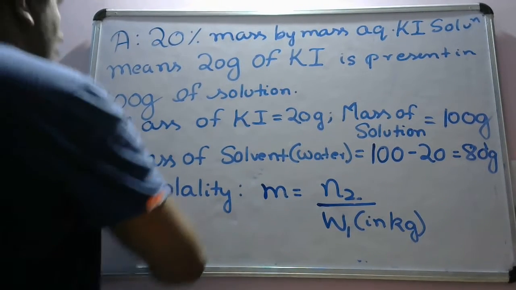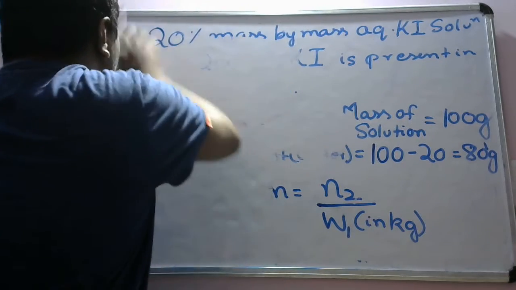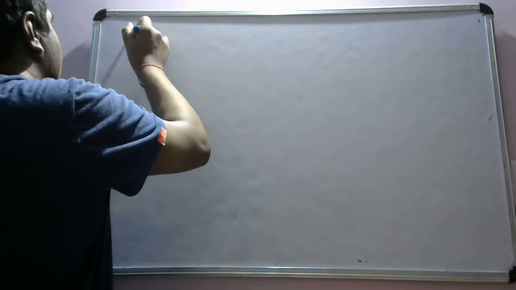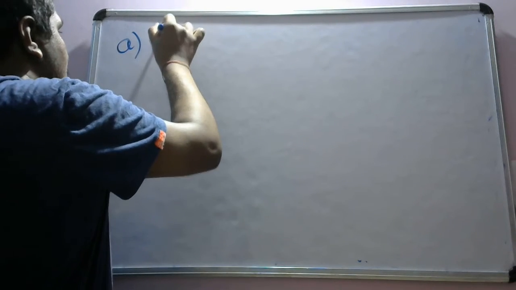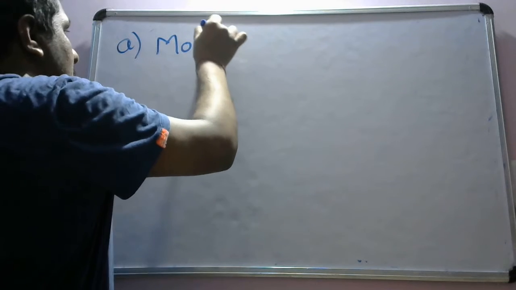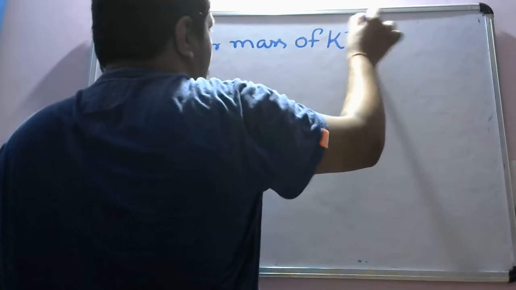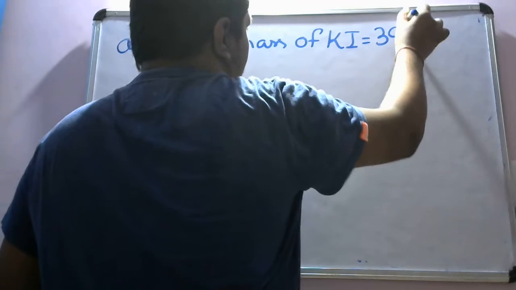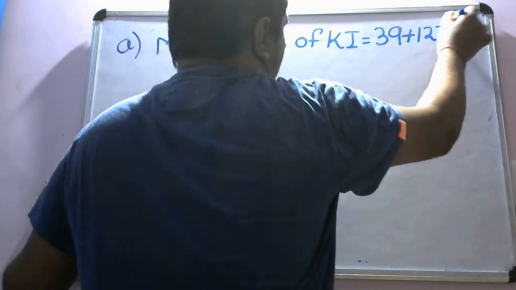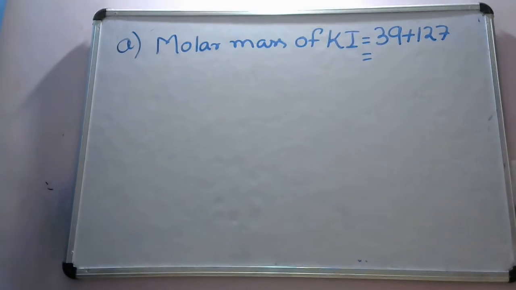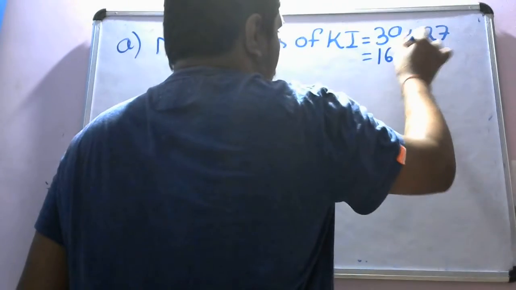Okay, now we will find out molality. We have the mass of solvent. We need the number of moles of KI. So first is your molar mass of KI. Potassium mass is 39, iodine mass 127. So when we add this, it will come out to be 166 grams per mole.